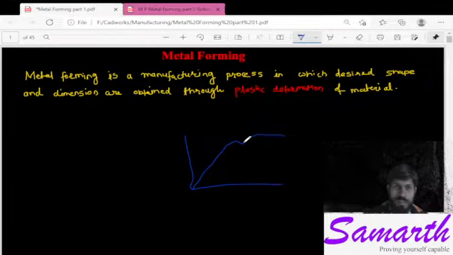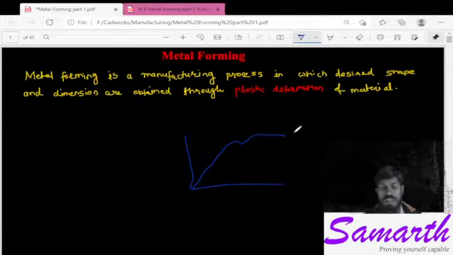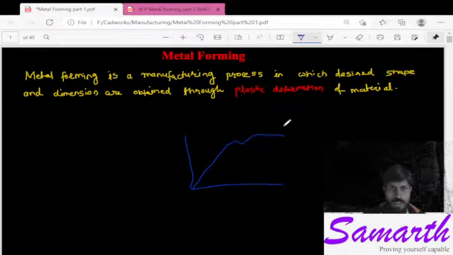After that plastic deformation starts, and there will be some plastic deformation points, and ultimately at the last you will get the ultimate strength. In case of a hard material, you will get the ultimate point, and in case of soft material, other points.